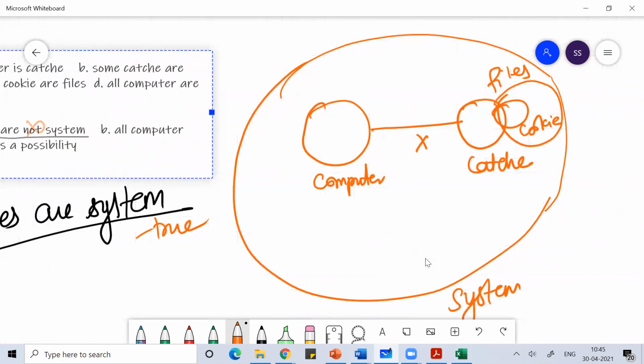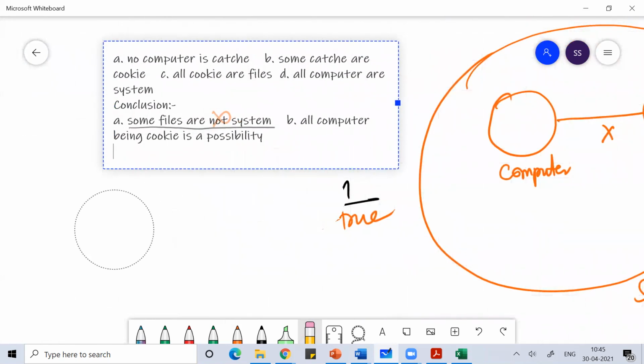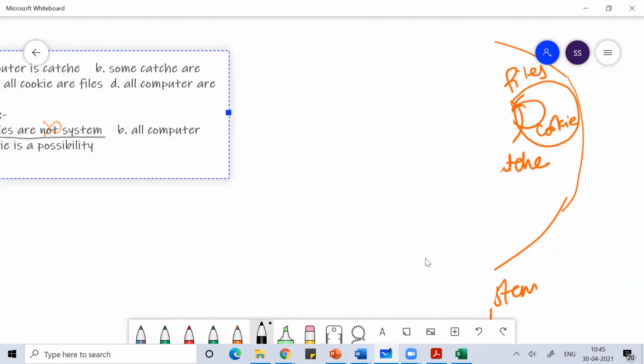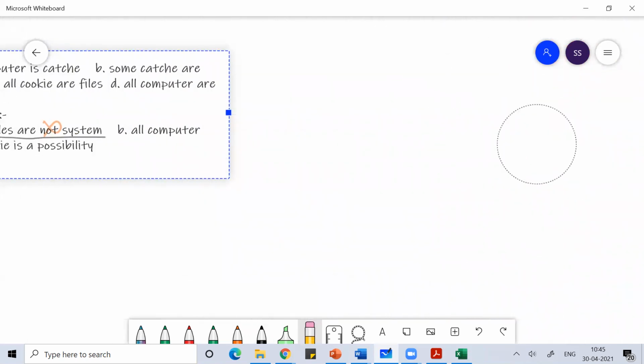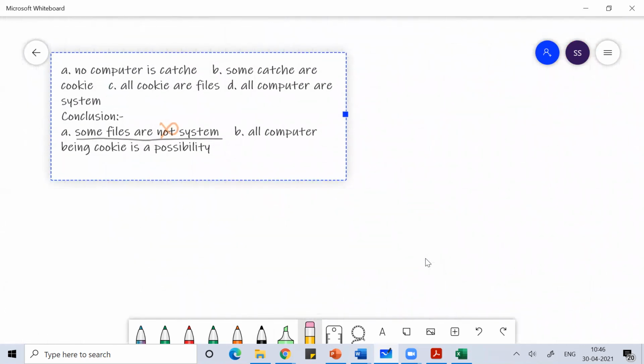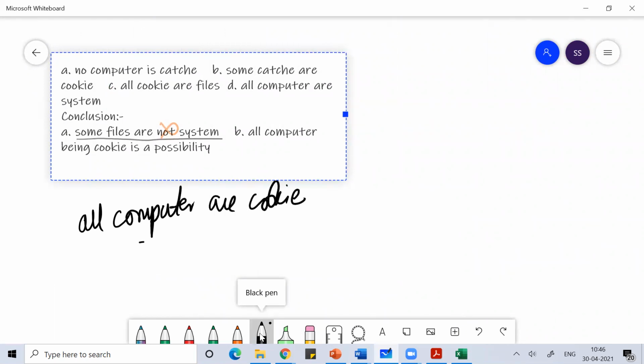First, let's draw the diagram and see that it does not violate any condition in the statement given to us. So, all computers: no computer is catchy.